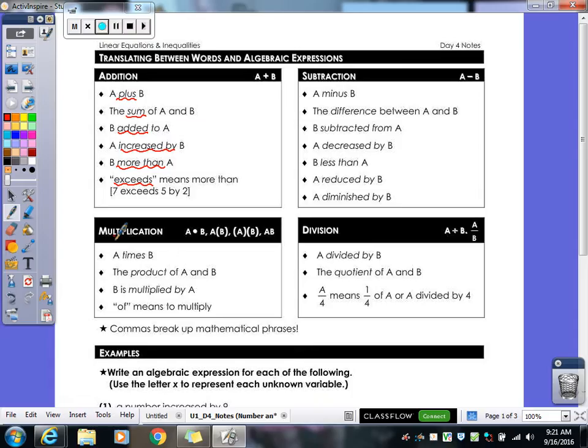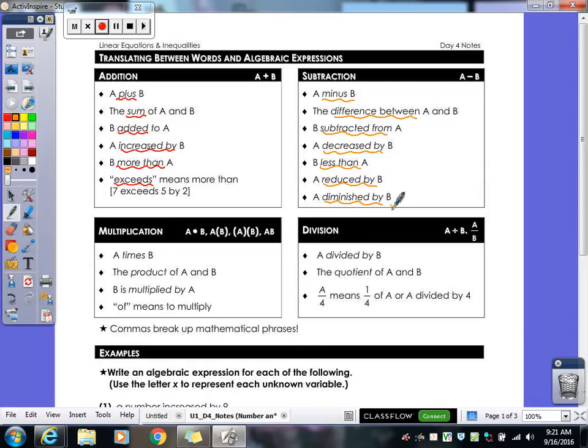So they'll have those words within the word problem, so you need to know when you see those, okay, that means I'm adding two things together. We just have to figure out what those two things are. For our subtraction, it's minus, difference between, subtracted from, decreased by, less than, reduced by, and diminished by. Those are our keywords telling us it's subtraction.